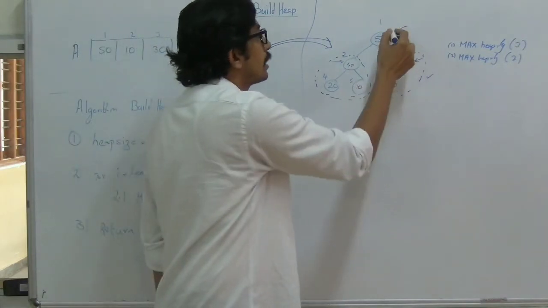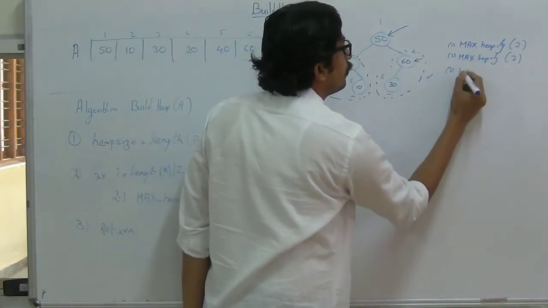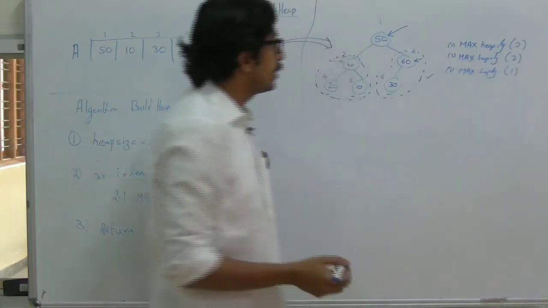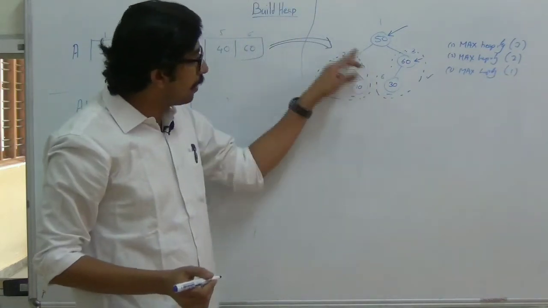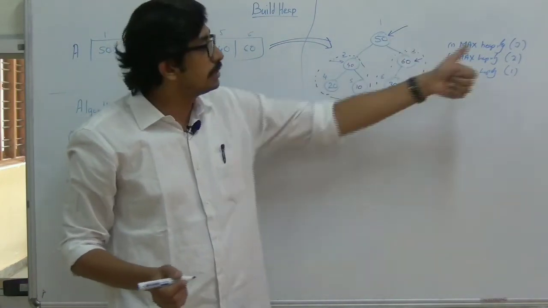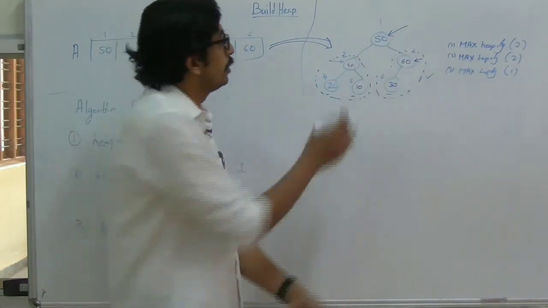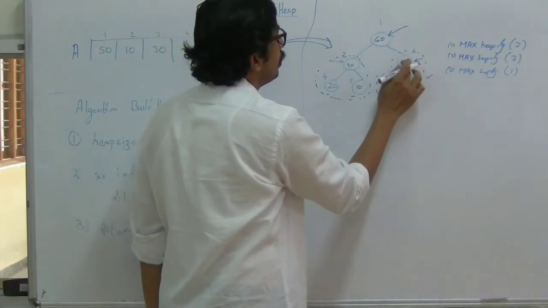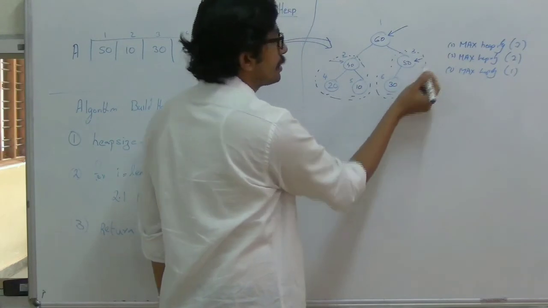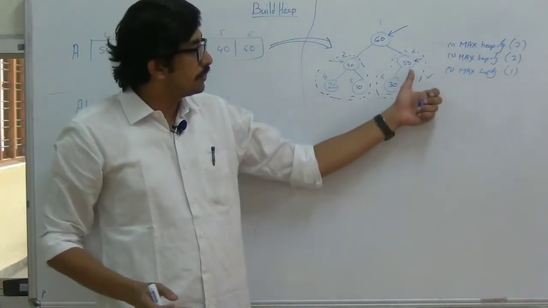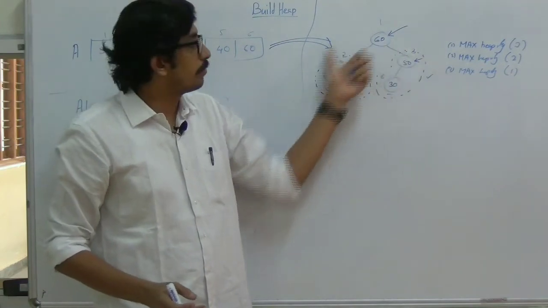Now, when we call Max Heapify of 1, you can see that the left subtree is already a max heap and the right subtree is also a max heap, which means you can call Max Heapify. The largest is 60, so 60 will come over here, 50 will be over here. Next there will be a Max Heapify call at 3, 50 and 30 will be compared. 50 is the largest, so it will remain as is.